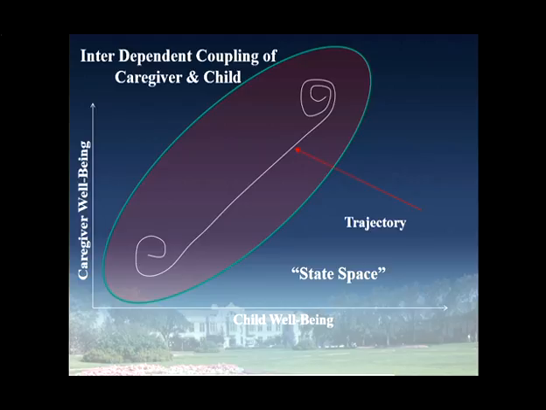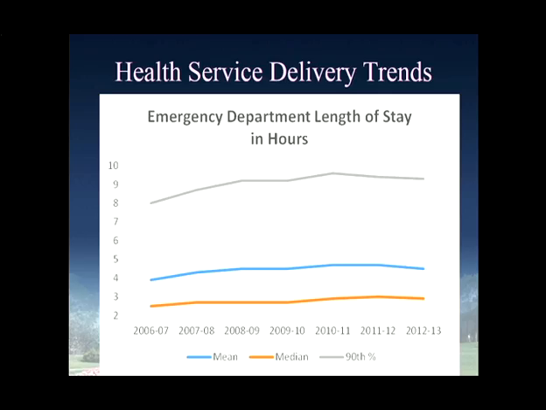Something like postpartum depression on the part of a mother can lead to adverse child outcomes in the form of less response and developmental difficulties. Similarly, a child who has developmental difficulties can raise the risk of depression on the part of a mother. We're trying to understand health service delivery trends.